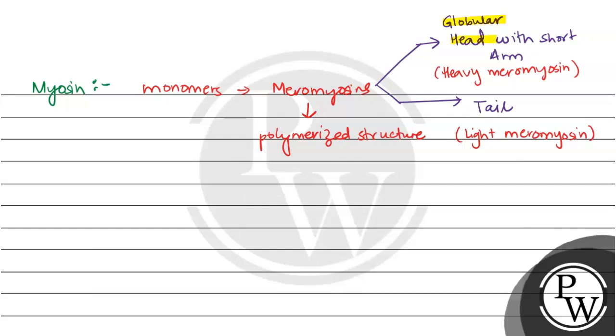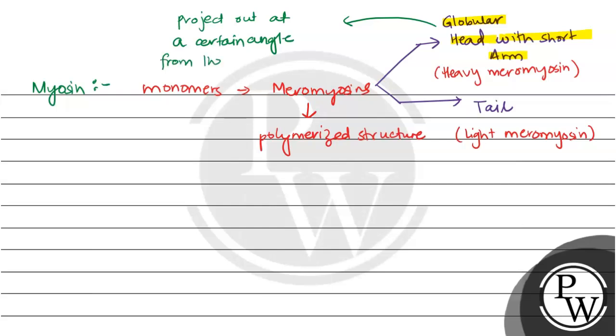The globular head along with its short arm actually projects out at a certain angle and at particular distances from the polymerized myosin.